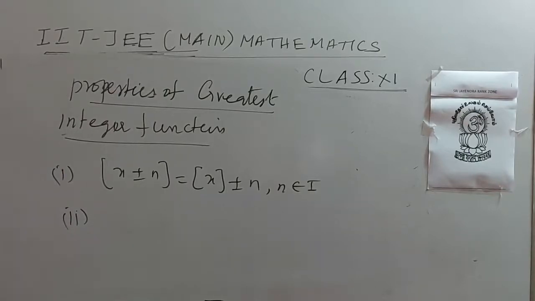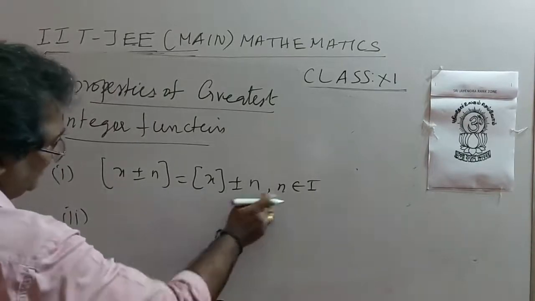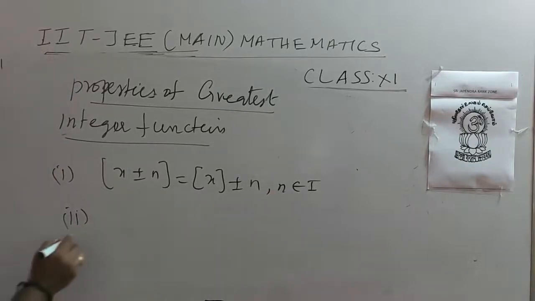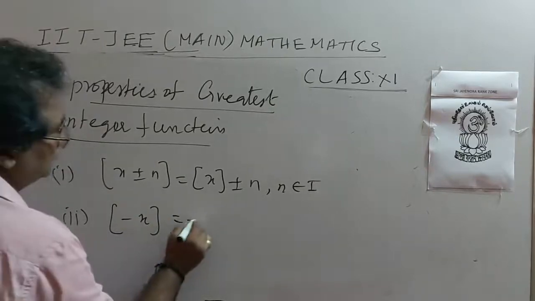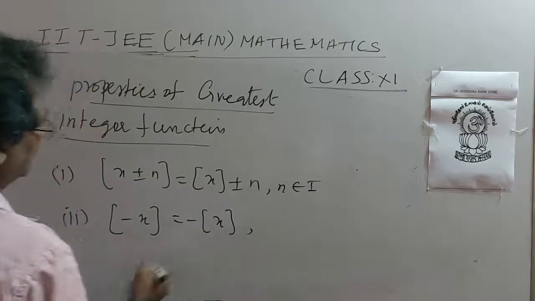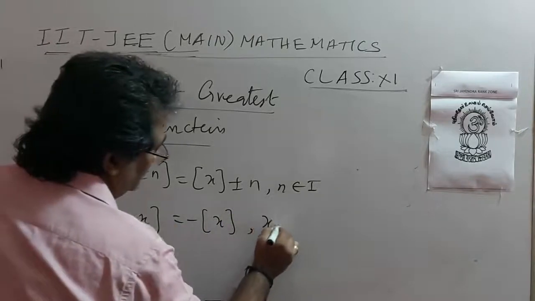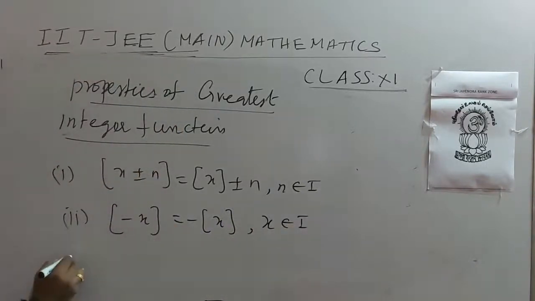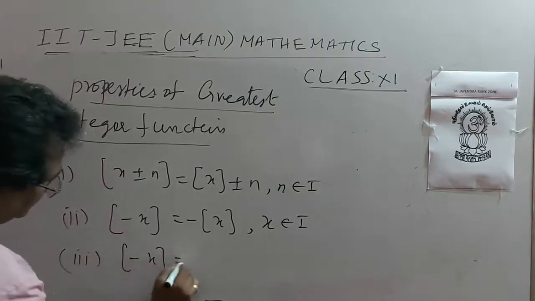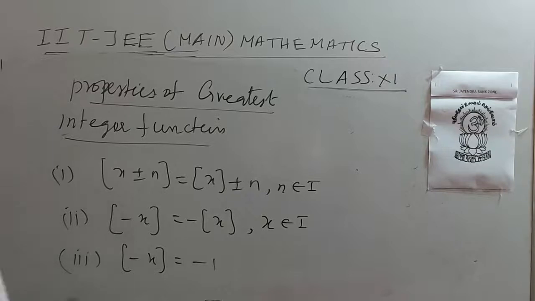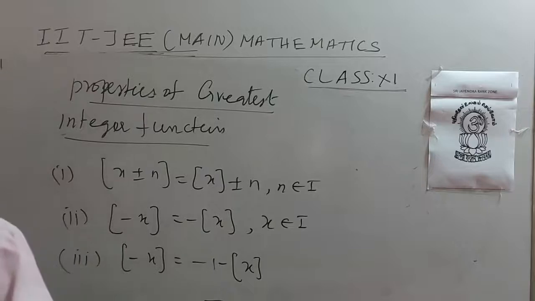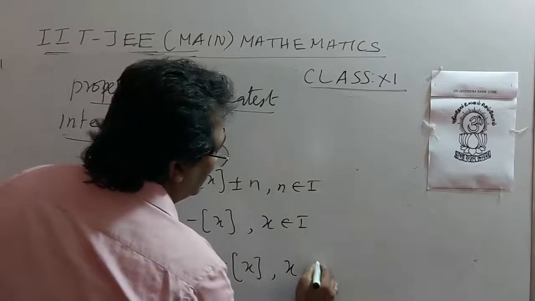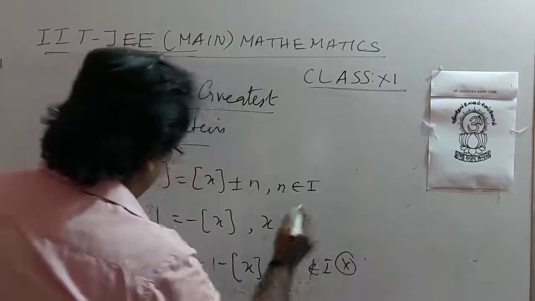Integer part [x plus or minus n] equal to [x] plus or minus n, where n belongs to I, where x belongs to I. This is very, very important.